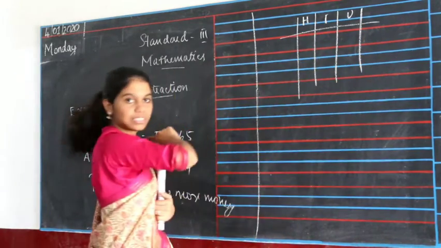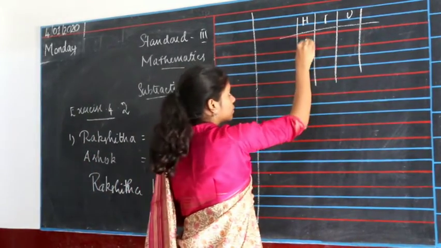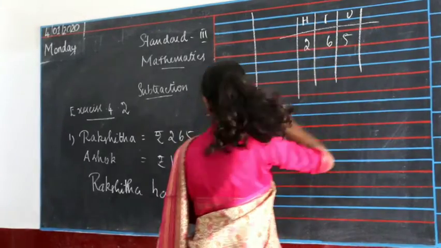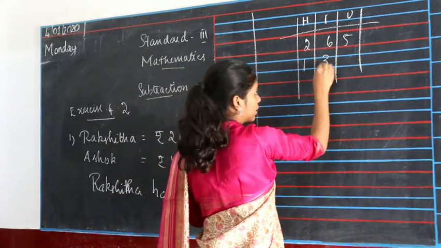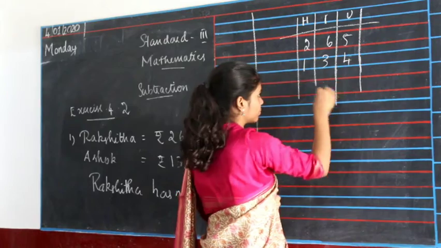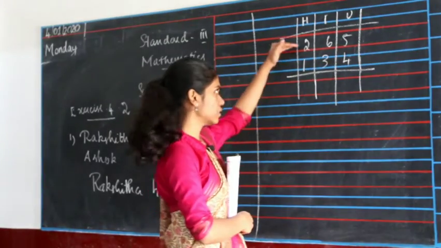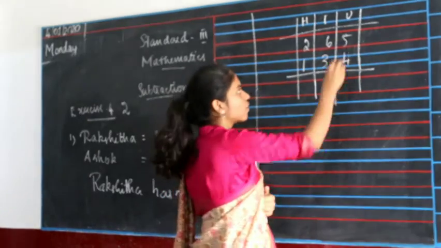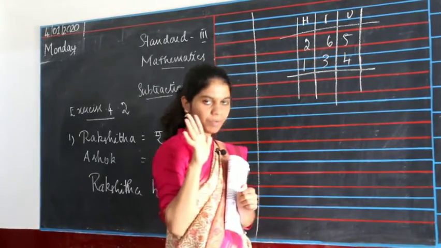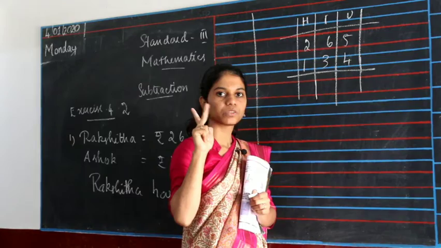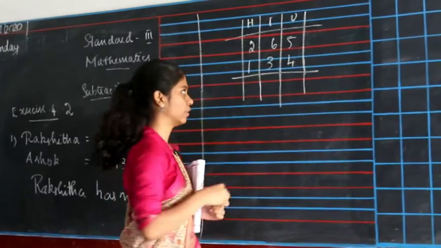Now she has 265 and he has 134. Okay, so we have to subtract this from this. 5 minus 4 is 5 minus 1, 2, 3 and 4 is 1.